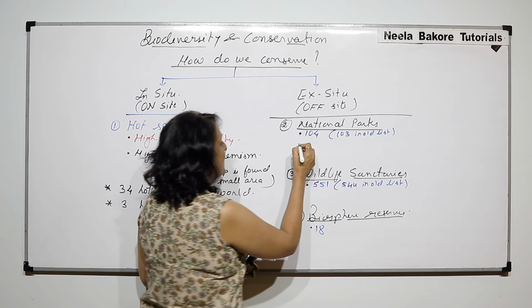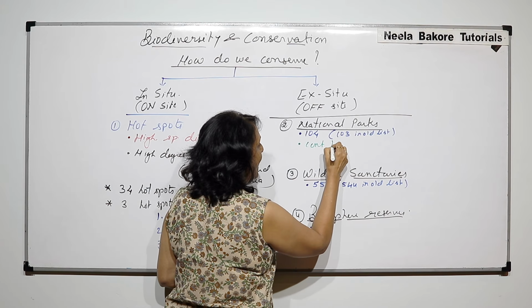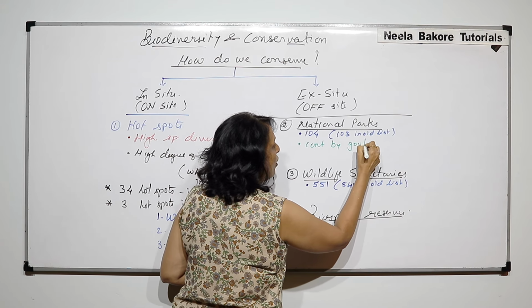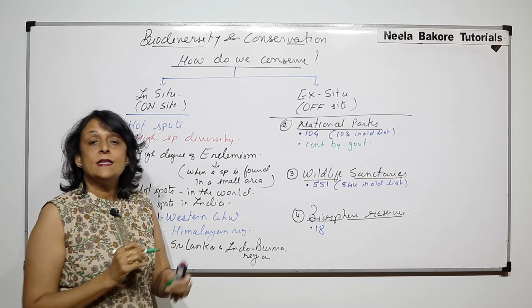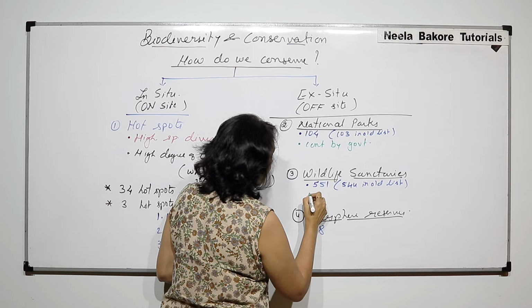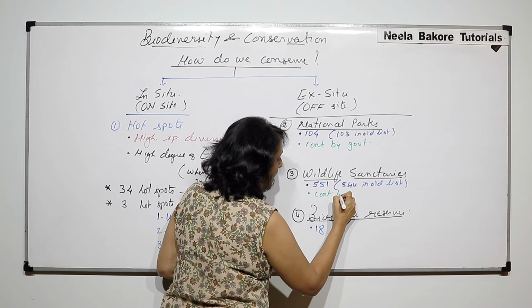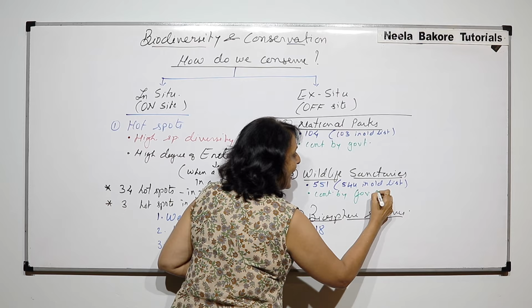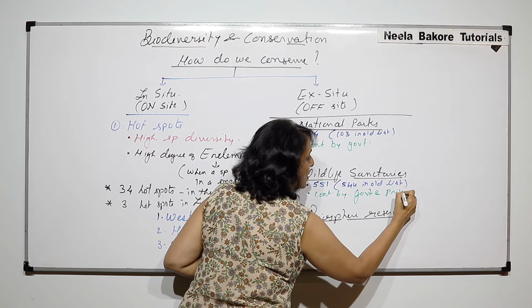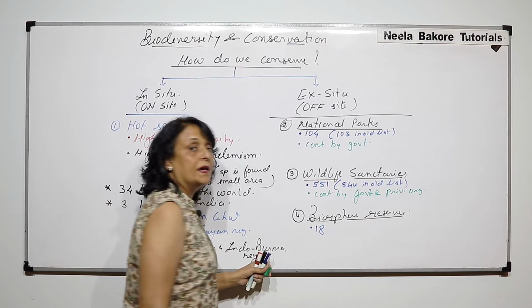National parks are controlled by the government, whereas wildlife sanctuaries are controlled by the government and private organizations.